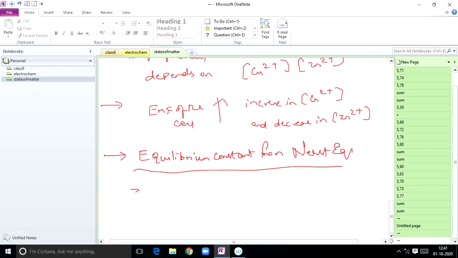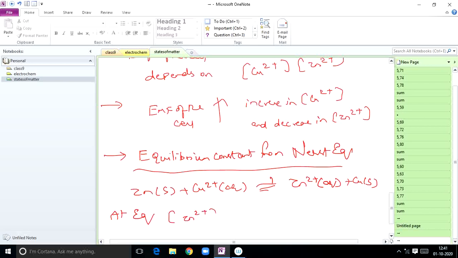Now consider the same reaction, zinc solid plus Cu2 plus aqueous gives Zn2 plus aqueous plus Cu solid. Okay. So at equilibrium what happens, students? At equilibrium concentration remains constant. Do you know that? All measurable properties remain constant at equilibrium. So at equilibrium concentration of Zn2 plus is equal to concentration of Cu2 plus.